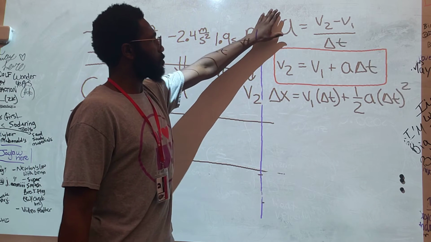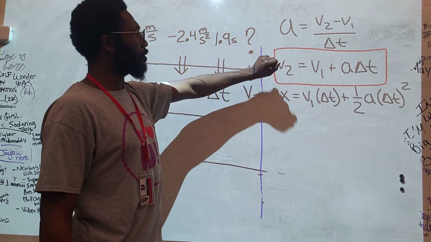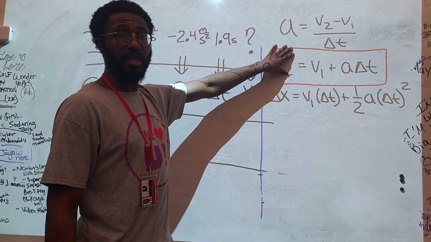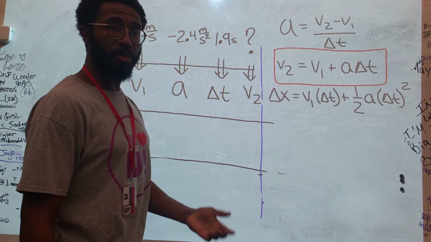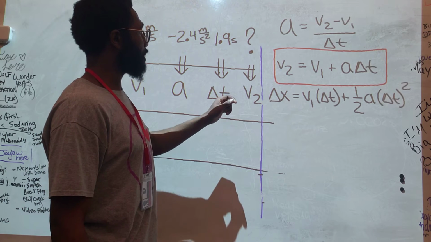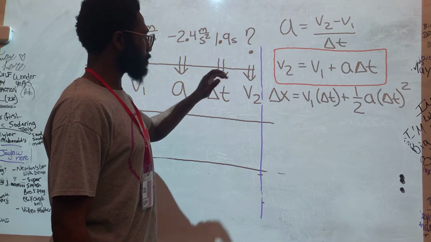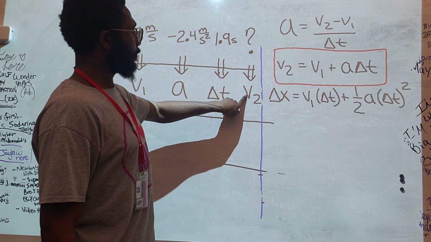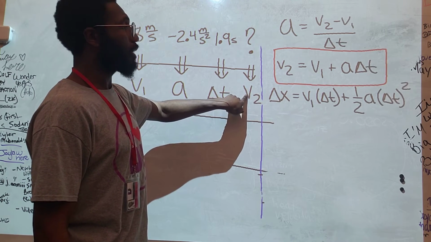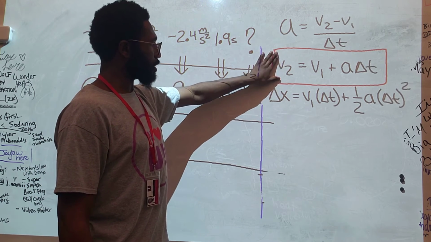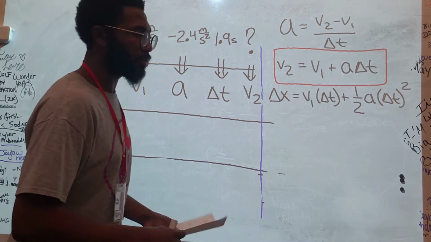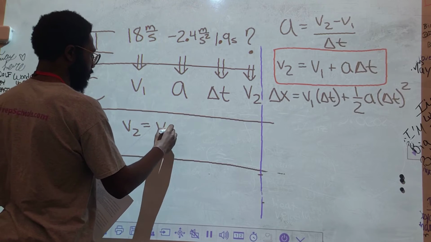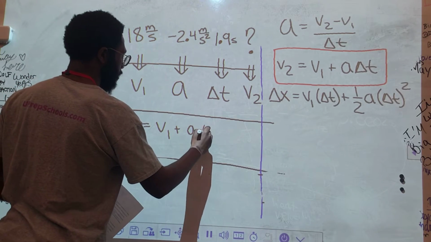But the way we choose between equation 1 and equation 2 is, since they both have the same variables, you just choose the equation that is solving for what you're looking for. So we are looking for velocity 2, and the second equation is solving for velocity 2. So that's what we're going to use. So we're going to put V2 equals V1 plus a delta t.